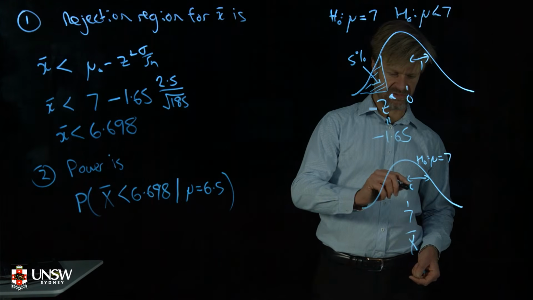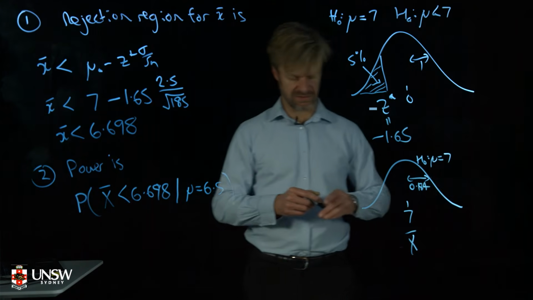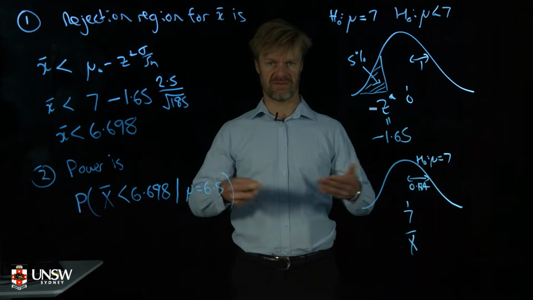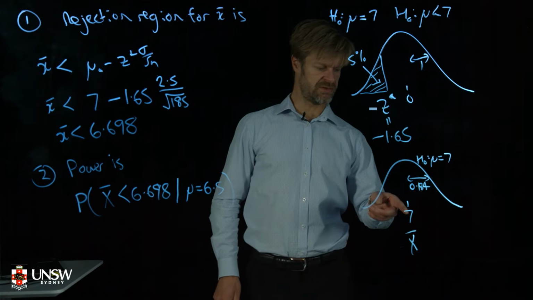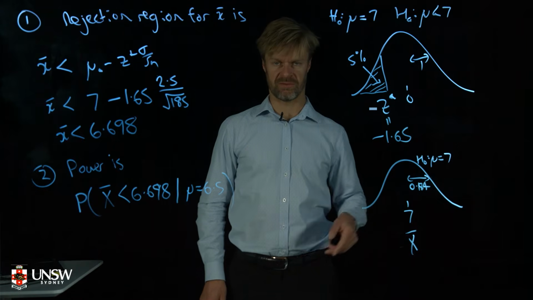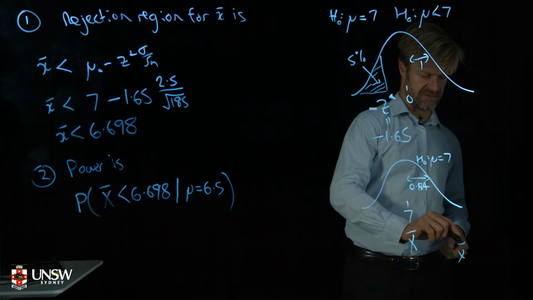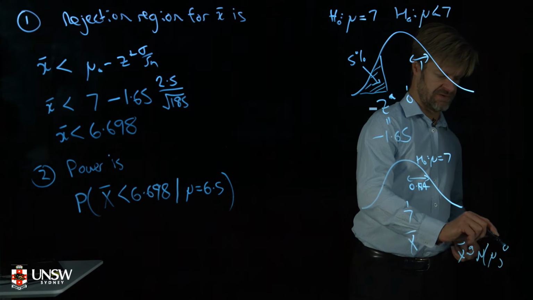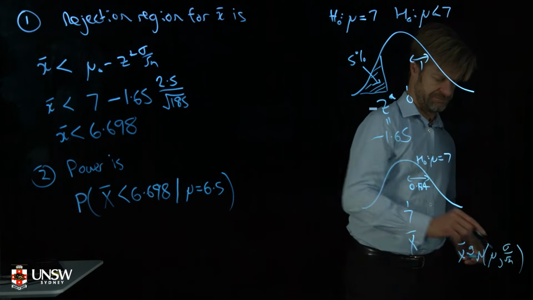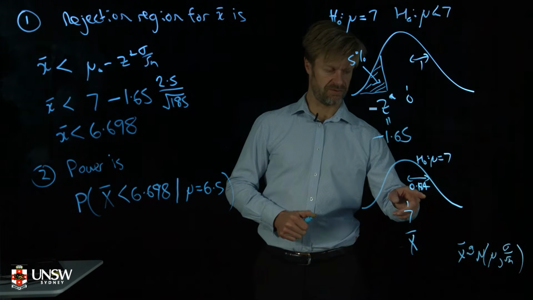So we decided that if the true standard deviation is 2.5 and you've got a sample size of 185, x bar is approximately normal, centered on 7, with a standard error of about 0.184. That just comes from this result: x bar is approximately normal with mean mu and standard error sigma on root n. Sigma on root n in this case is 0.184.